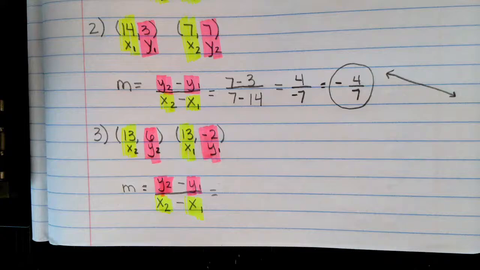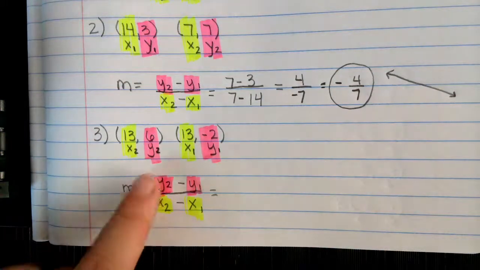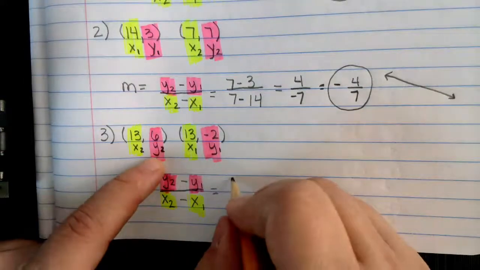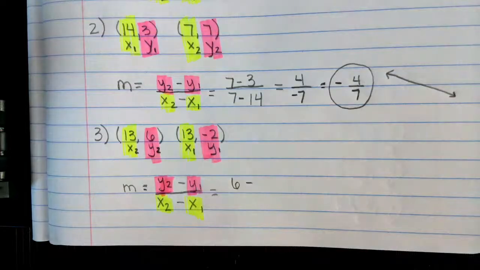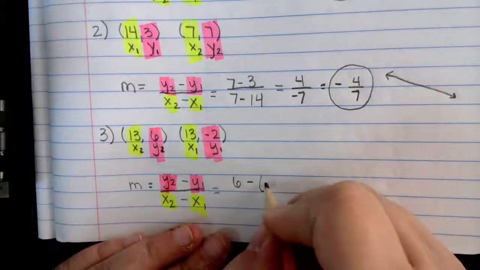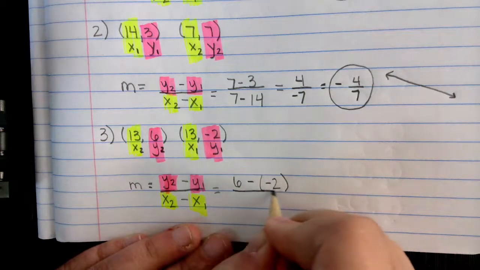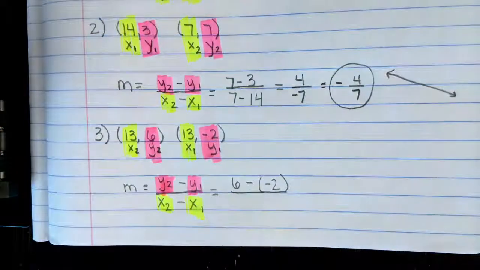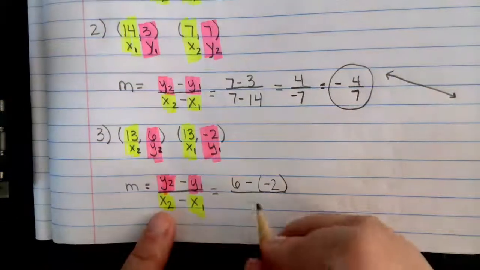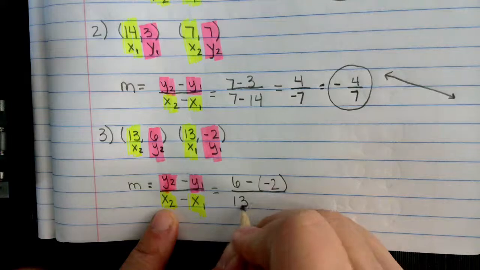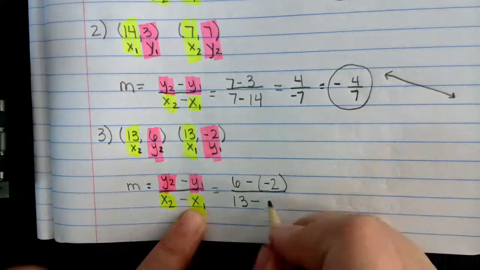All right, so this time, what is my y2? 6. Minus my y1, negative 2, and I'm going to put that in parentheses so I can see that the subtracting and the negative are separate. What is my x2? 13, minus my x1, 13.